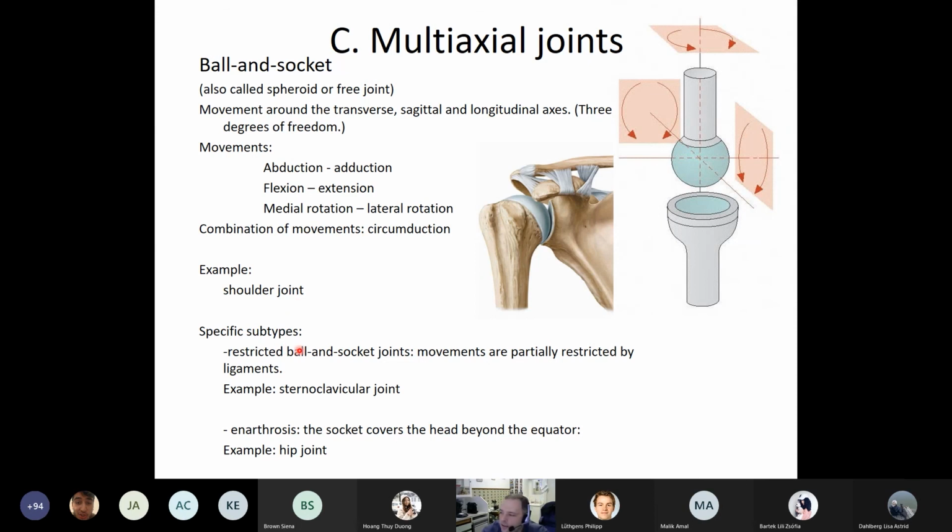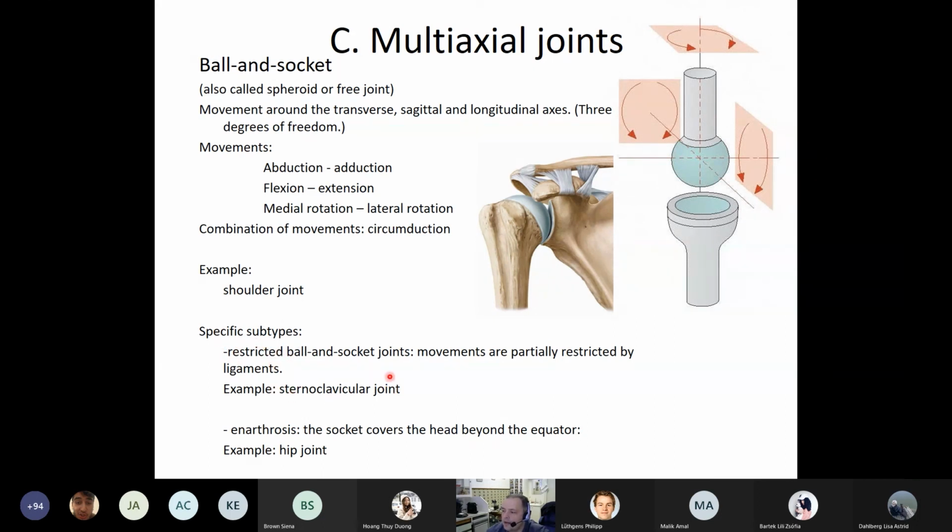But only rarely they are really free joints, because they are many times restricted because of some ligaments. They might be in some or multiple directions restricted, and they are not allowed to carry out unlimited movements. That's why they may be designated as restricted ball and socket joint.